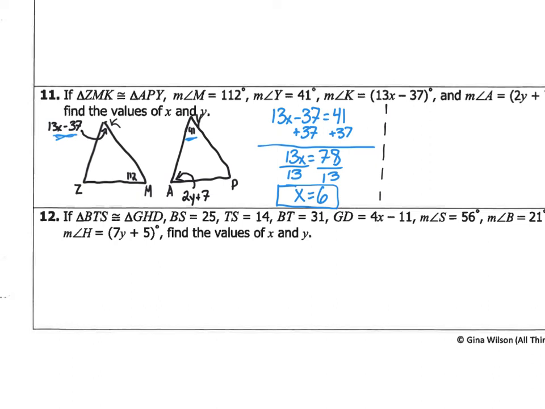So then if we look over here, we know that this is 112 and that's 41. So you'd have 180 minus 112 minus 41. So actually, we'd have 180 minus 153, and that's going to give you 27.